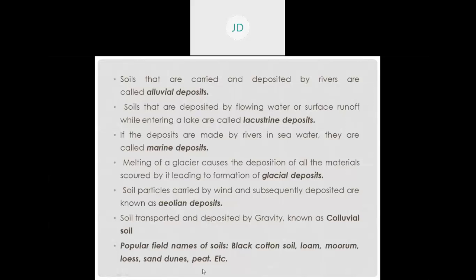If the organic matter mixed with soil has a very high percentage of decomposed organic matter, that soil is known as peat. When we say peat, that means the soil must contain highly decomposed organic matter. Clear? So this is all about the first class.